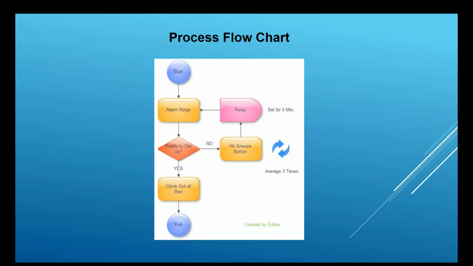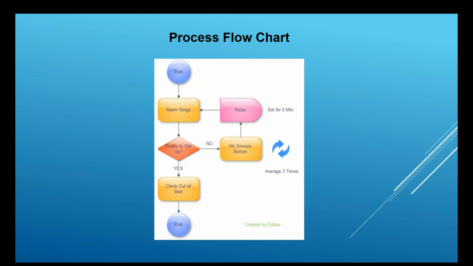I have an example of a process flow chart that identifies some processes. If you look at this, you'll quickly recognize that this is an alarm clock ringing for us to get up in the morning. So we have a start, the alarm rings. Are we ready to get up? If the answer is no, we hit the snooze button. It relays back to the alarm. It's set to go off in 5 minutes, and we go through that process again.